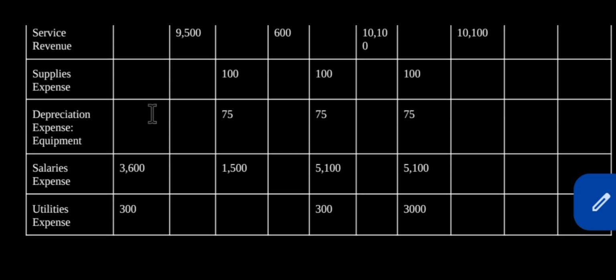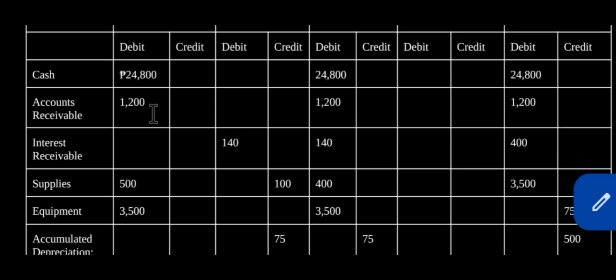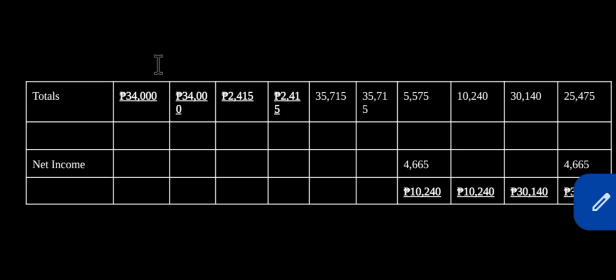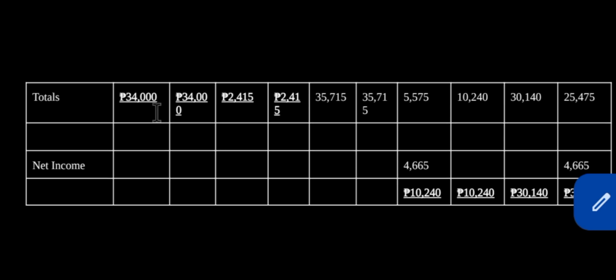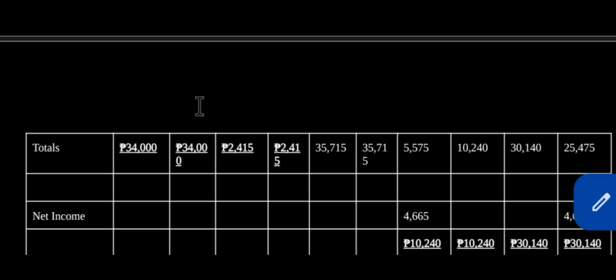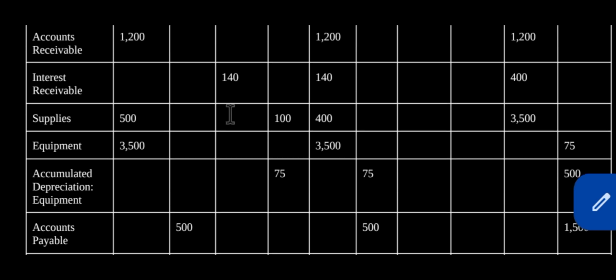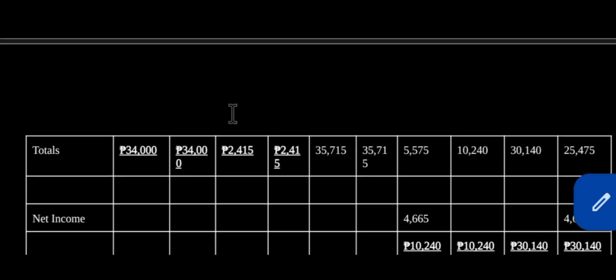So for the total amount of the unadjusted trial balance debit side, we have here 34,000 pesos. The same goes to the credit side of the unadjusted trial balance. Now for the adjustments, we have debit side 2,415.